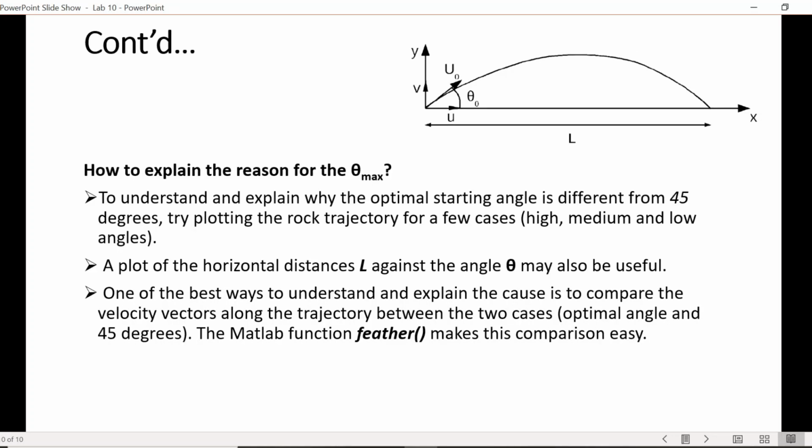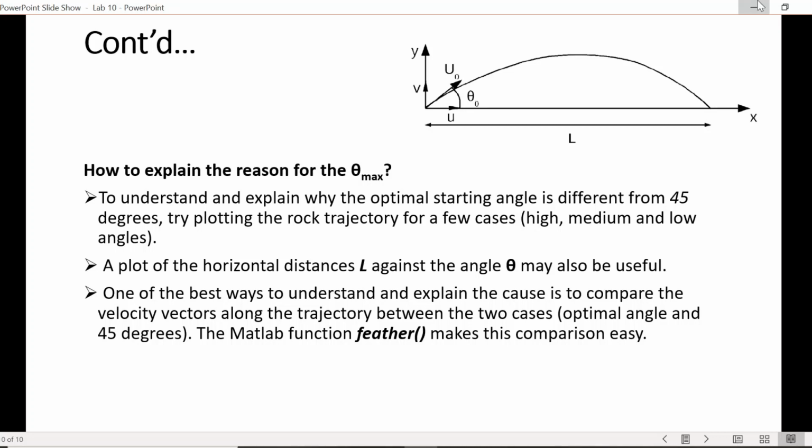There is also a question which asks you to explain the reason for the angle theta max not being 45 degrees for the maximum distance traveled by the rock. To understand this, you need to plot the rock trajectory at different angles, for example at low angle, medium angle, or high angles, and then observe the results.